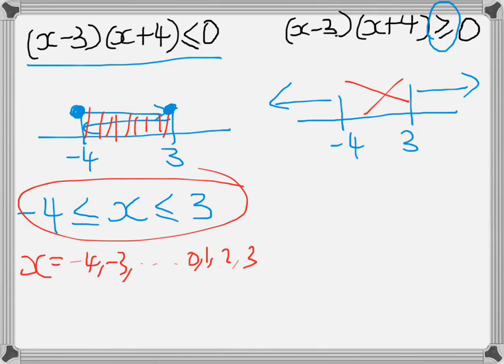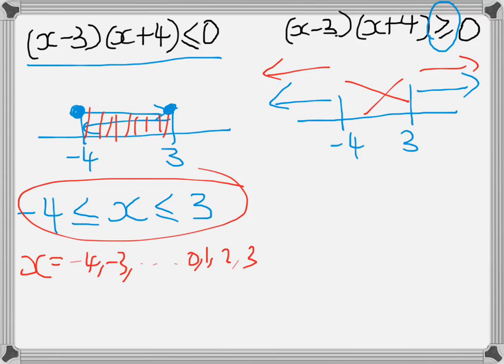But if x minus 3 times x plus 4 is bigger or equal to 0, you will not get the values in the middle. Going this side means smaller, going this side means bigger.